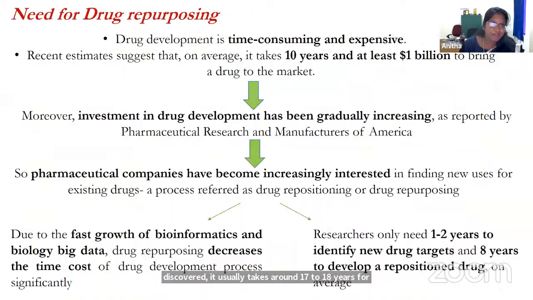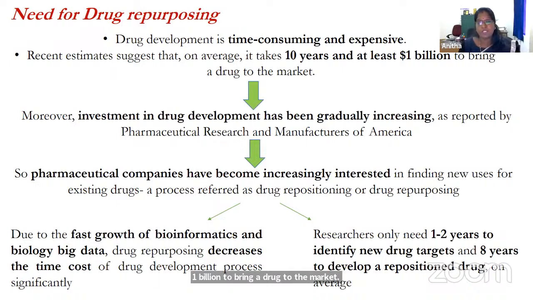To minimize these effects, there comes our strategy of drug repurposing. The normal drug development process is very time consuming and very expensive, as I told in the previous slide. On average, it takes about 10 years and at least 1 billion to bring a drug to the market. I'm talking about an average.